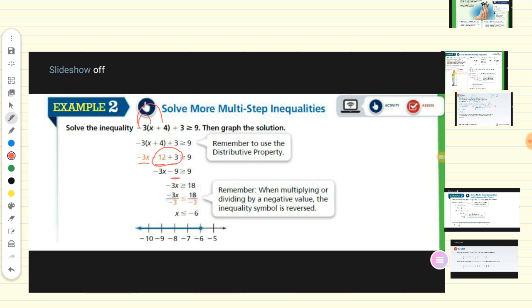Add positive 9 to both sides, it will be 0, negative 3x greater than or equal to 18. Then divide by negative 3, electric shock. Change the symbol of greater than and less than, so it will be less than or equal instead of greater than. Okay? And negative 3 divided by negative 3 is 1. And 18 divided by negative 3 is negative 6. We'll start from negative 6. Open or closed? Closed, because it's equal. X less than means left, left.